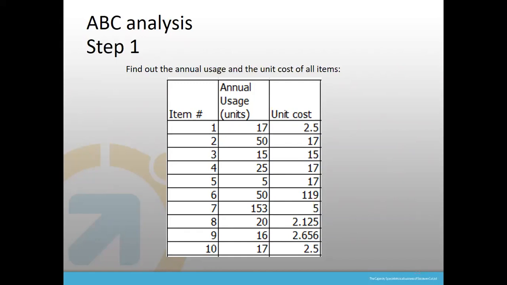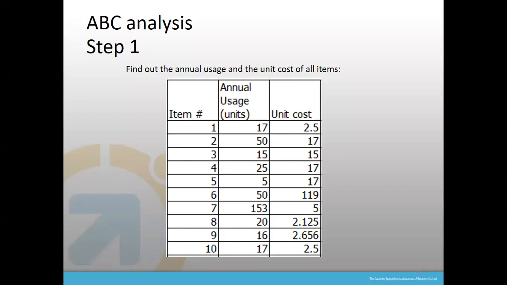Item number 1, I use 17 units, whatever that is, and each unit costs $2.50. Item number 2, I use 50, a lot more, and the price per item is $17. Item number 3, I use 15 per year, and the price of each one is $15. For item 4, 25 units cost $17 each.